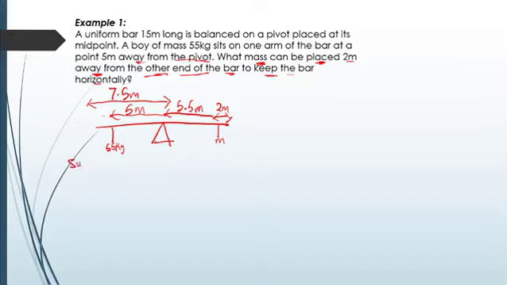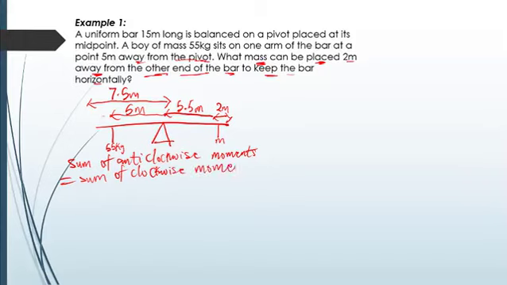For us to find the answer to this question, we're simply going to apply the fact that the sum of anti-clockwise moments is equal to the sum of clockwise moments. Yes, the sum of anti-clockwise moments is equal to the sum of clockwise moments.